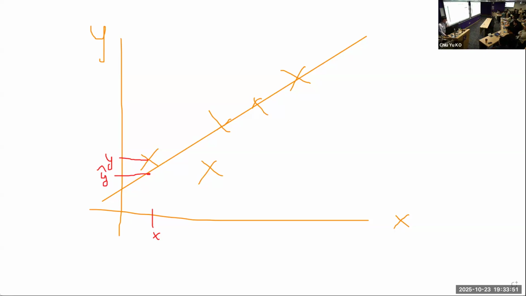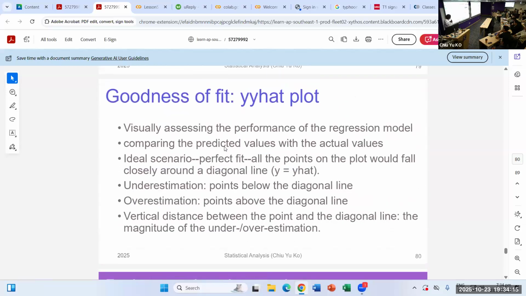If Y is bigger than Y hat, then your model underestimates. If Y hat is above Y, your model overestimates. So now let's go back to the graph, because this is a very useful graph to have fun with. So perfect fit, right? If below the diagonal, then you would underestimate.